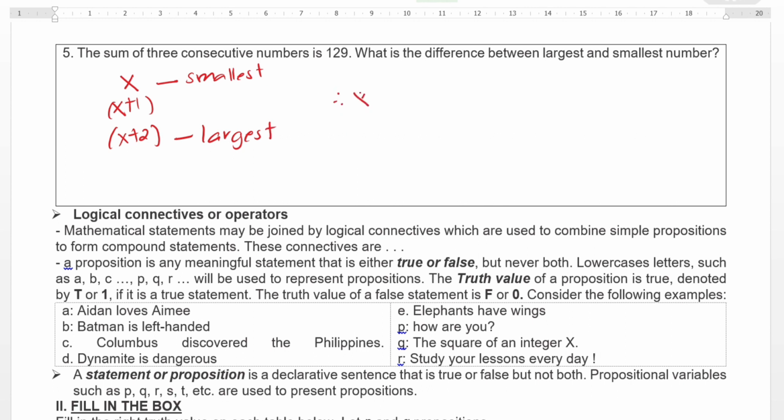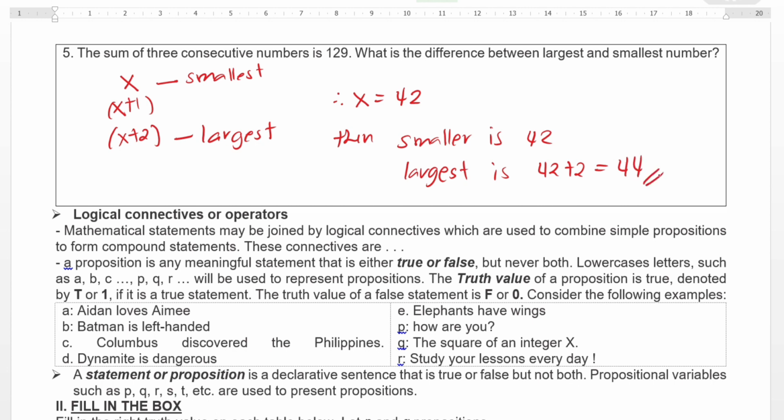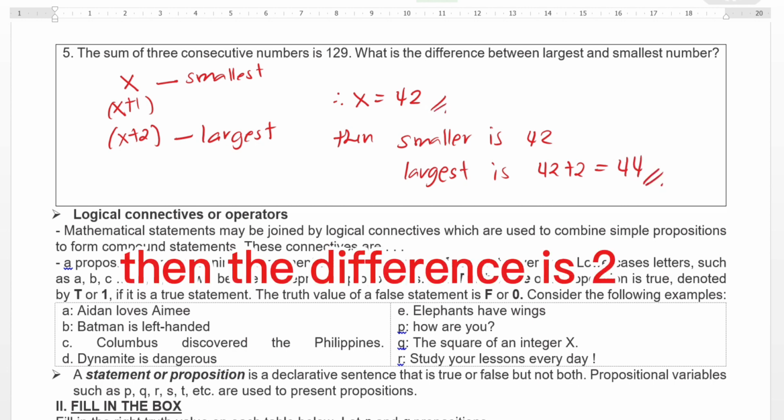Therefore, x equals 42. Then the smaller is 42. The larger, or the largest, is 42 plus 2 equals 44. Then the difference is 2.